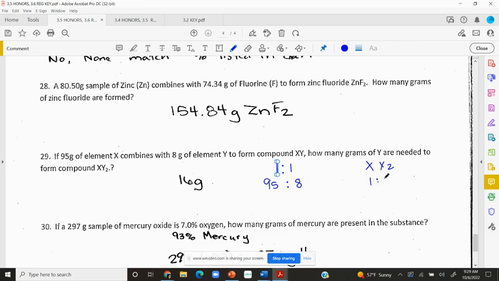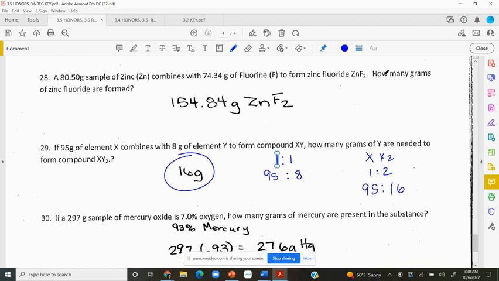So this is going to be in a 1-to-2 ratio. So if this is 95, what do I have to do to this 8? Times 2. Okay, the ratios went from 1 to 1 to 1 to 2. I just need to multiply that value by 2. And that's where we got the 16 grams.